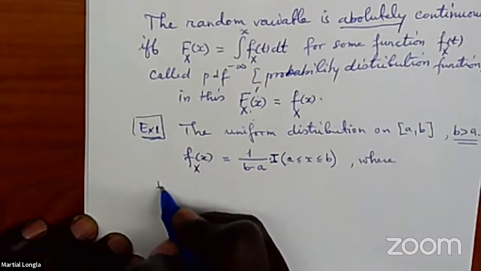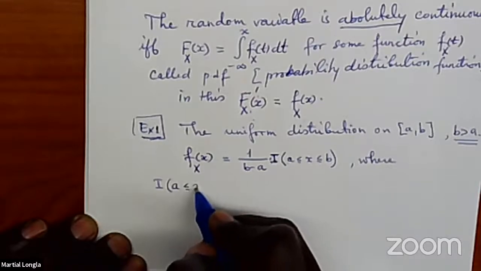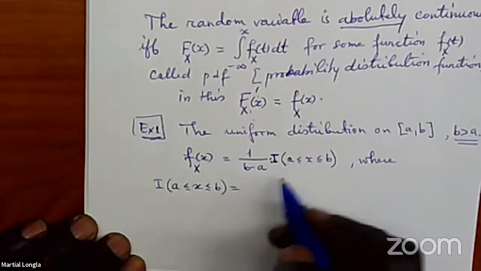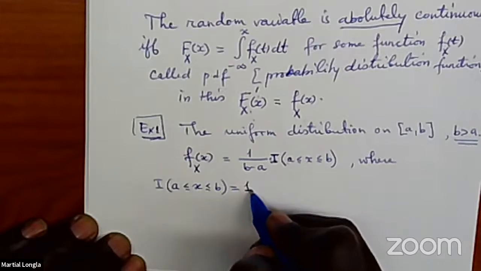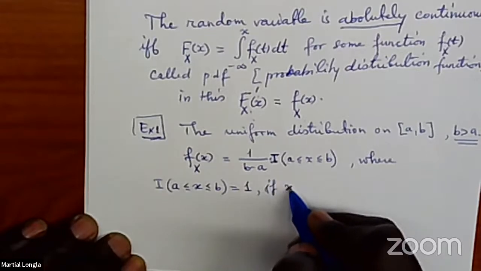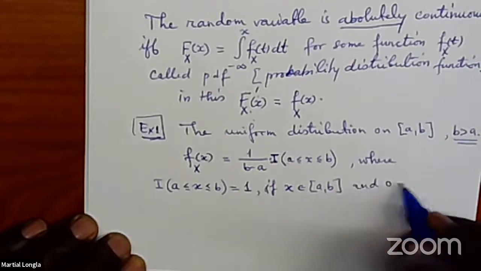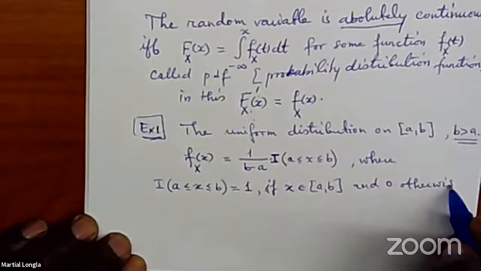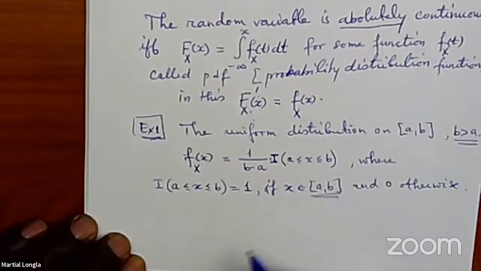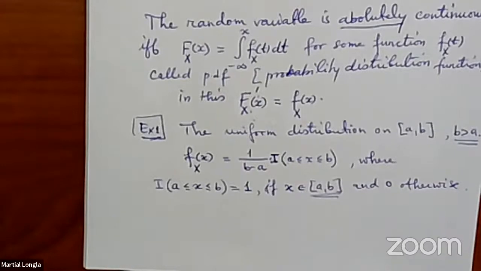Where the indicator equals 1 if x belongs to the interval AB and 0 otherwise. That's what we call the indicator function of the interval from A to B. A function that assigns 1 to every number that is on that interval and 0 to anything else. It's just like indicating, yes, this number is here. All right.